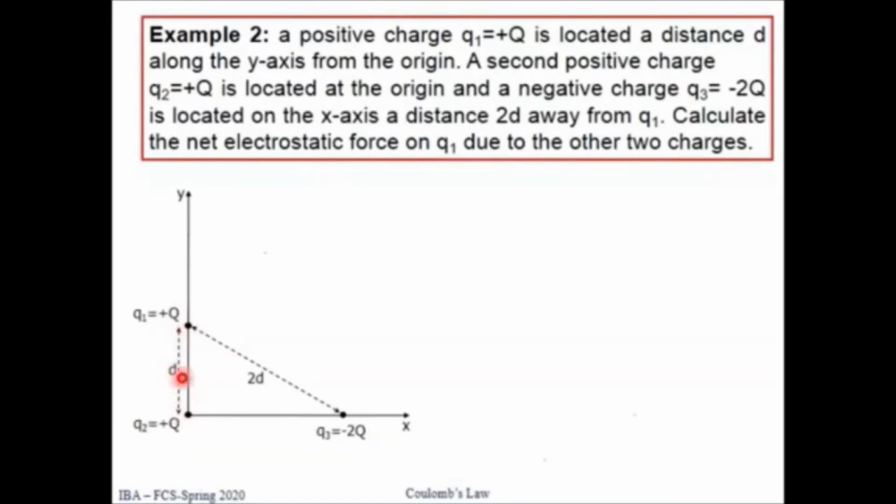If you look here, this is a positive charge, and Q2 is also a positive charge, and because the same charges repel each other, the force from Q2 on Q1 would be repulsive.